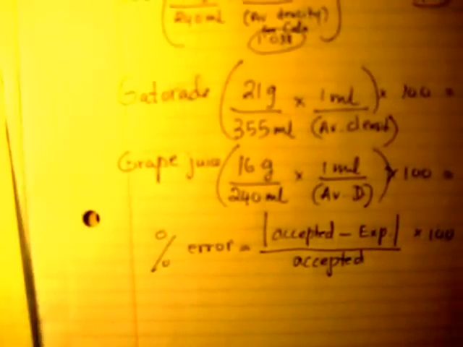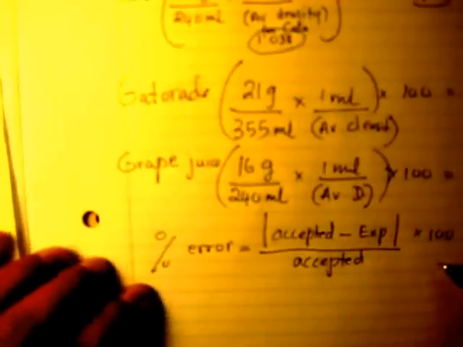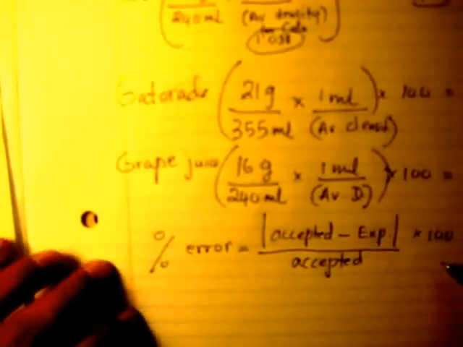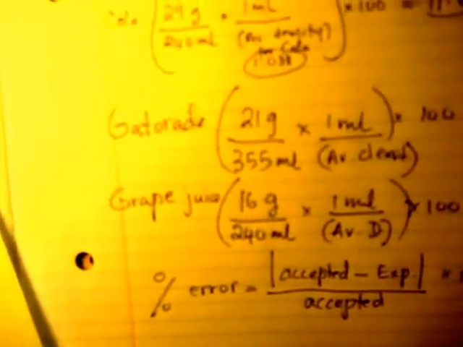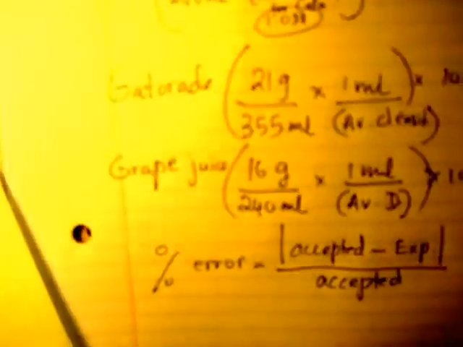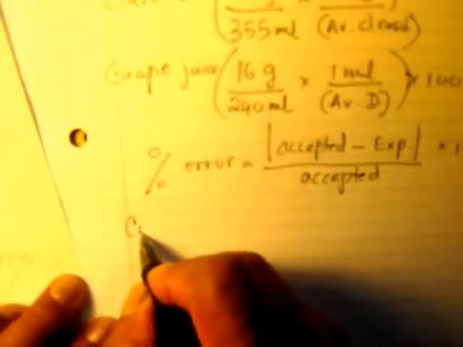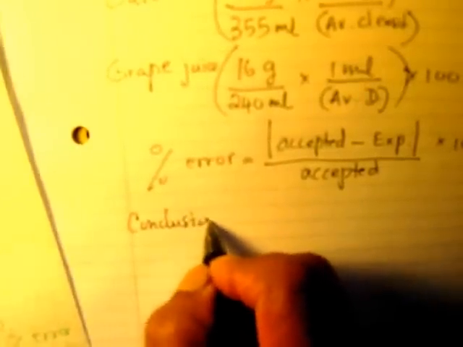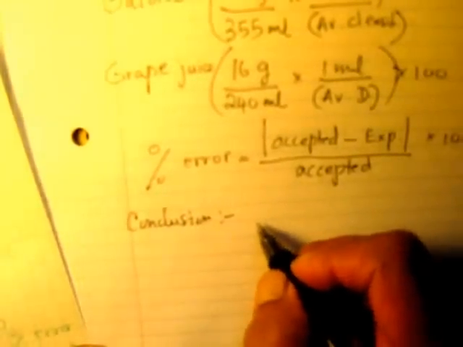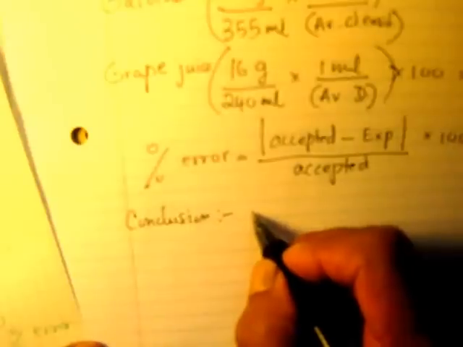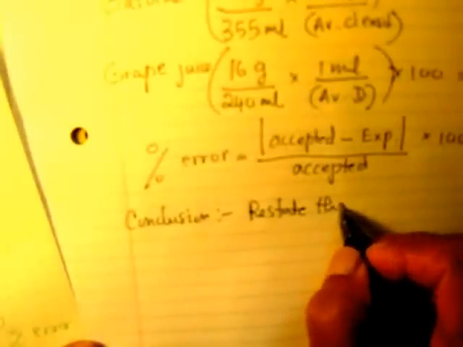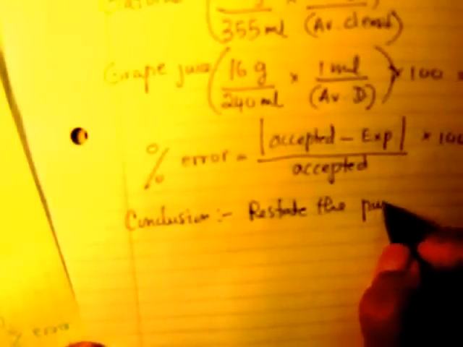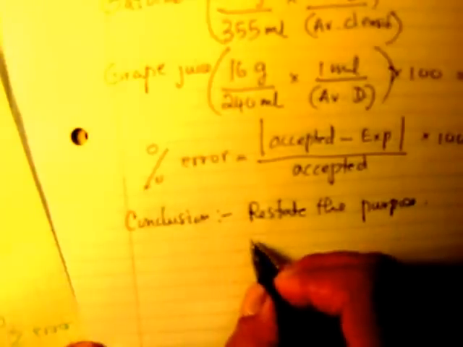You have to calculate three errors, and these are the things you need to write in the conclusion. The conclusion should restate the purpose of the experiment, why you did this lab, and then briefly give your results.